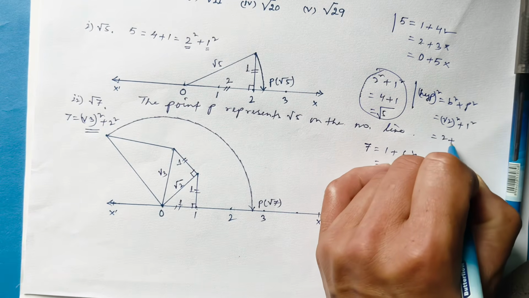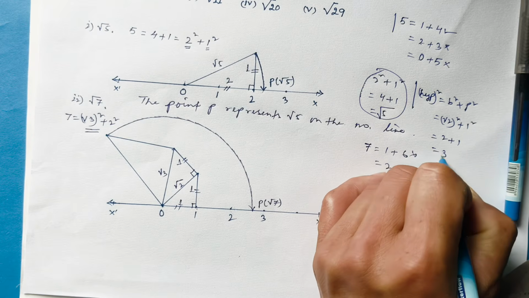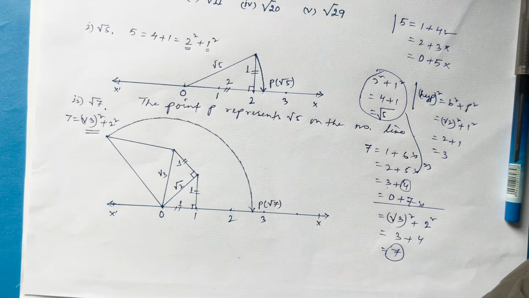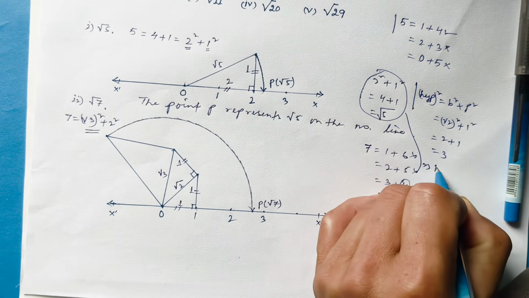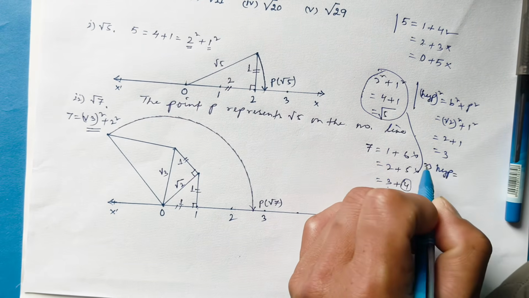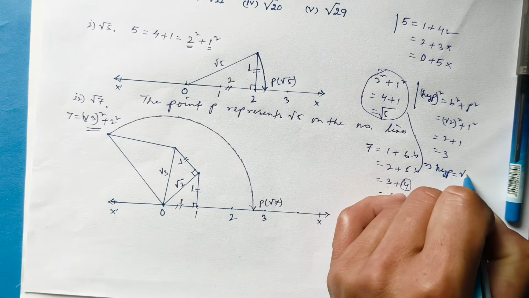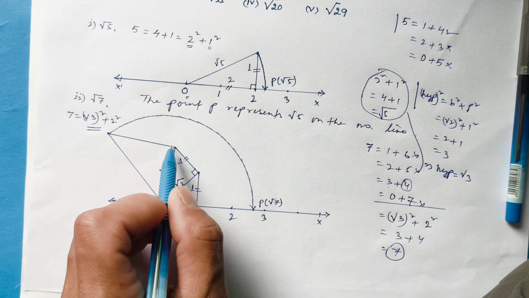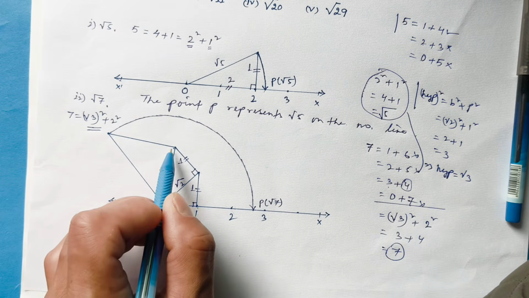Root 2 squared is 2, 1 squared is 1. 2 plus 1 is 3. Then the hypotenuse squared becomes 3, so the hypotenuse equals root 3. Now this one is root 3.